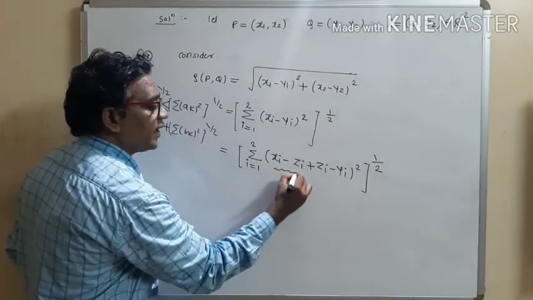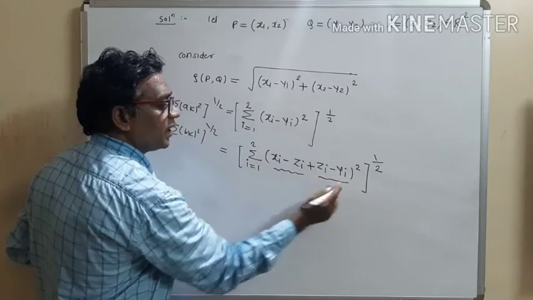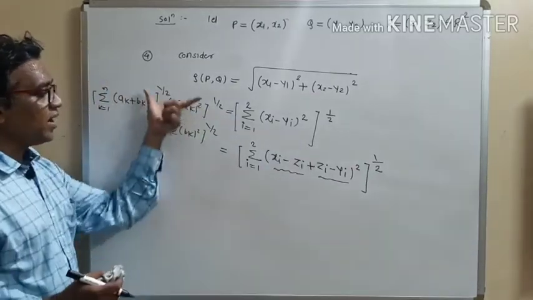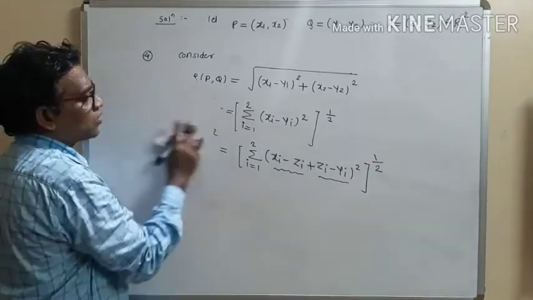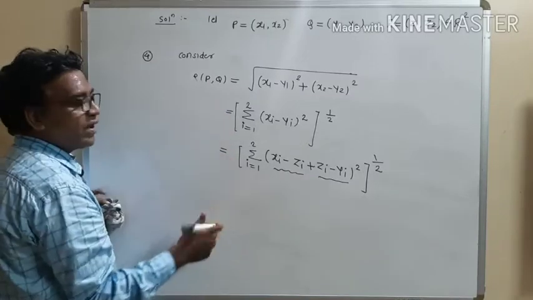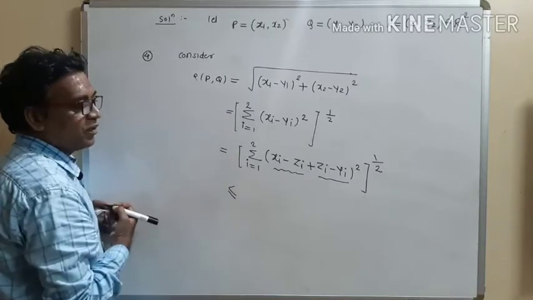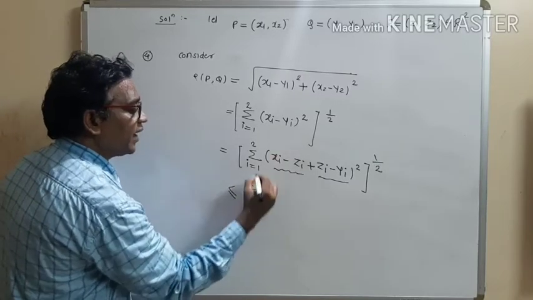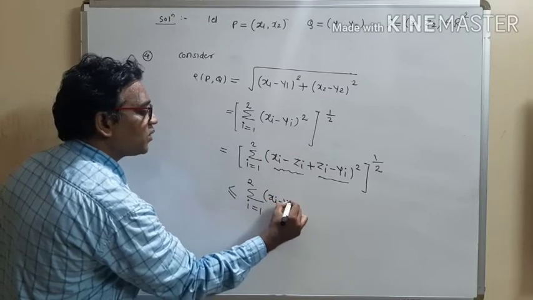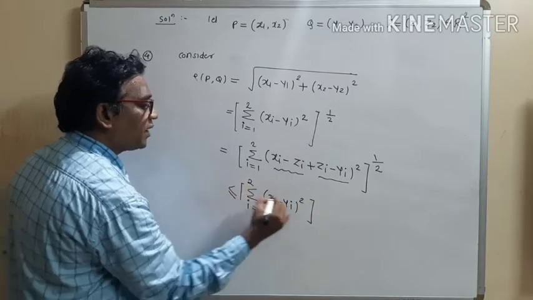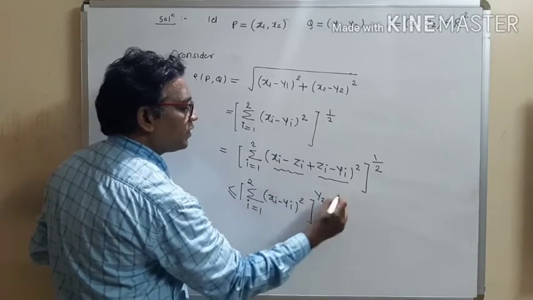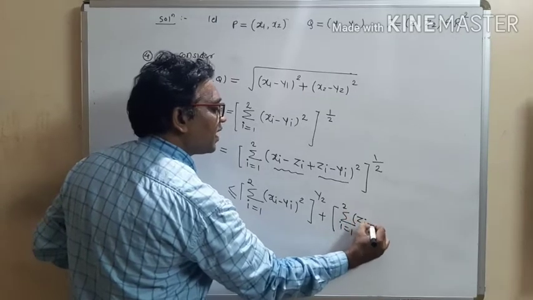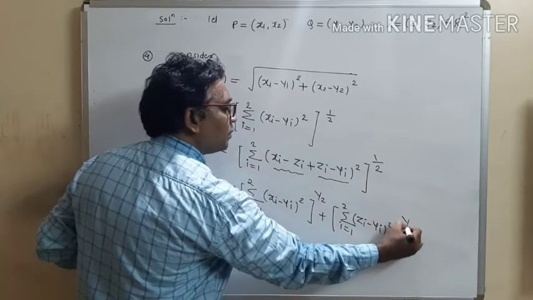This first term is ak, and this second term is bk, so (ak plus bk) squared raised to 1 half. So we use Minkowski's inequality. According to this inequality, we can write less than or equal to the summation, i varies from 1 to 2, of (xi minus zi) squared raised to 1 half, plus the summation, i varies from 1 to 2, of (zi minus yi) squared raised to 1 half.